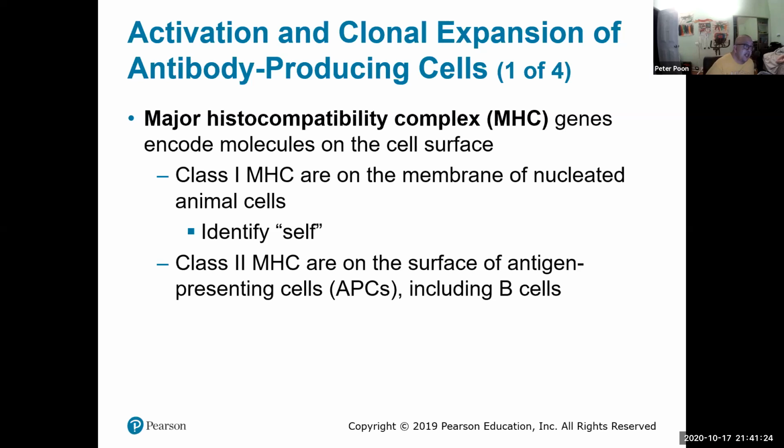MHC type 2, or class 2, is on the surface of something called an antigen presenting cell. There are a few types of antigen presenting cells: B cells, macrophages, and dendritic cells. They're all antigen presenting cells.